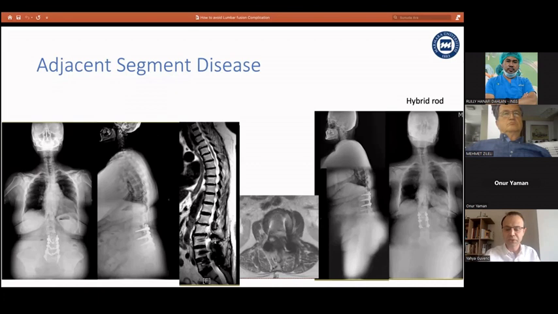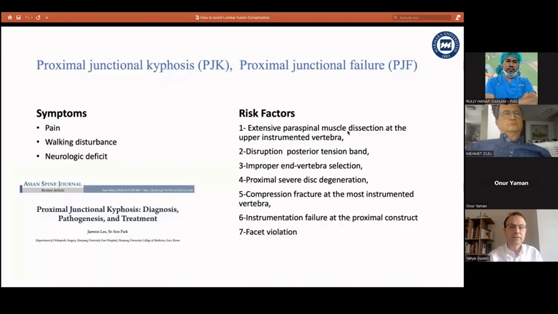And another complication is proximal junctional kyphosis and proximal junctional failure. Symptoms are pain, walking disturbance, and neurological deficits. This complication has some risk factors. If we prevent these risk factors, we prevent this disease.